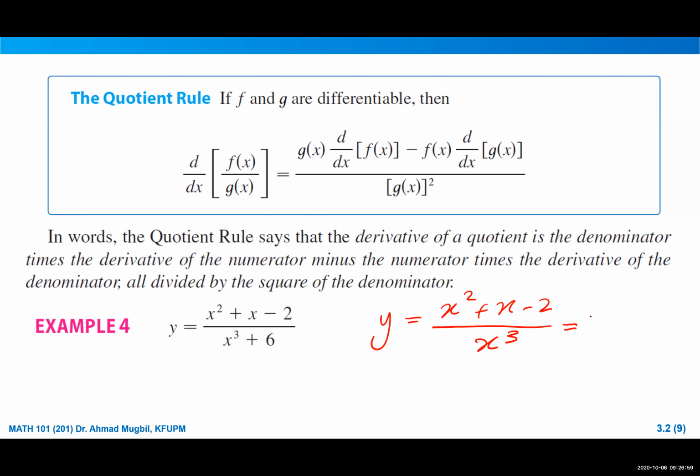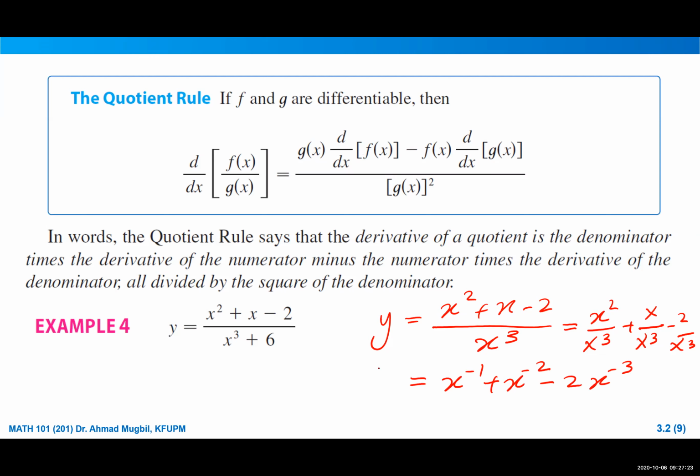You can write it as x squared over x cubed plus x over x cubed minus 2 over x cubed. Can I do that? Of course I can. Before taking the derivative, this will be x to the power -1 plus x to the power -2 minus 2x to the power -3.